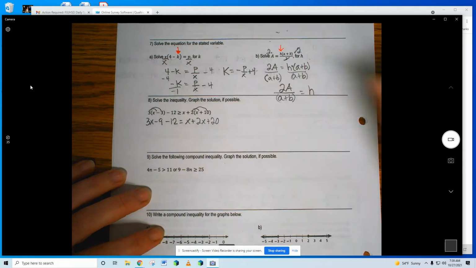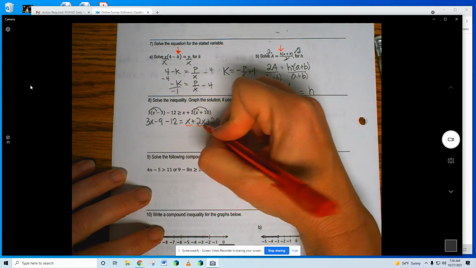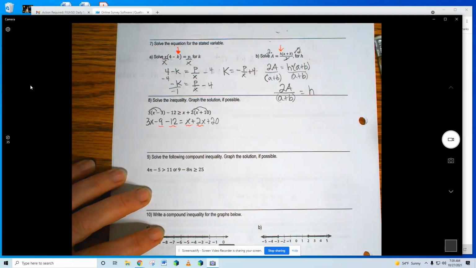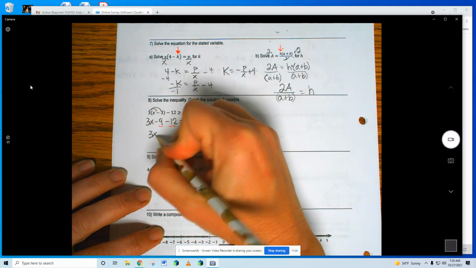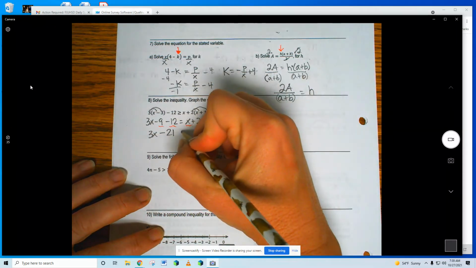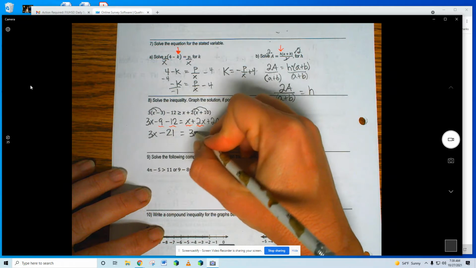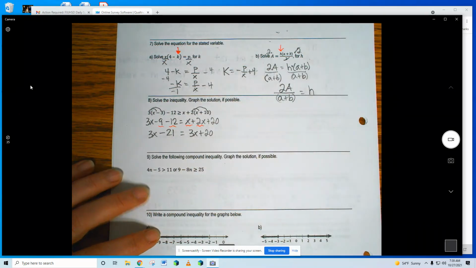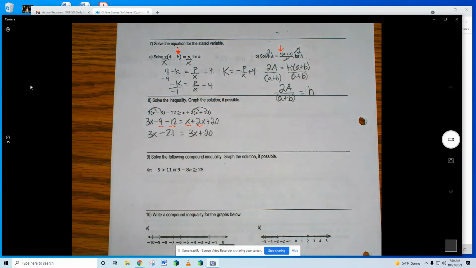Any like terms that need to be combined, you need to combine them on the same side. Ooh. What happens? This is good stuff. What does this mean?